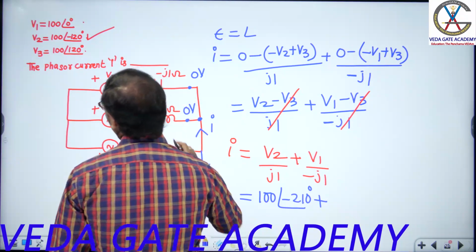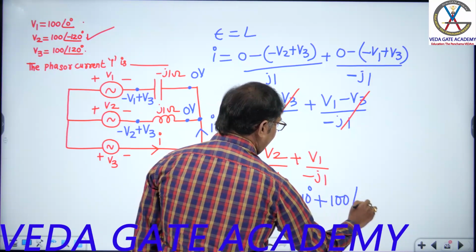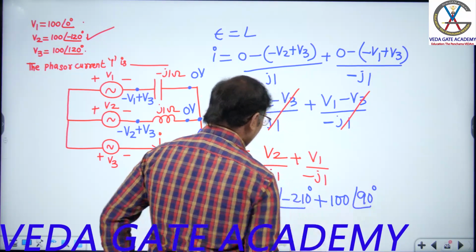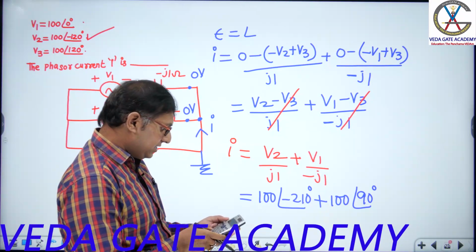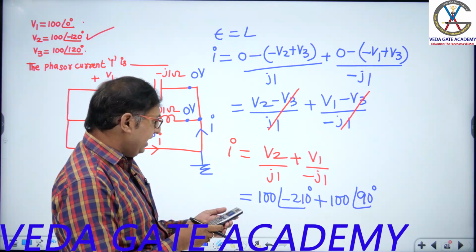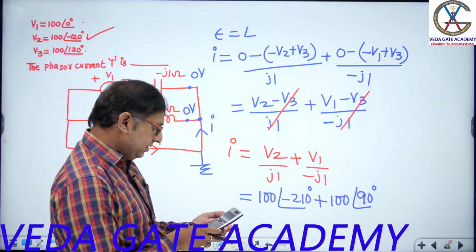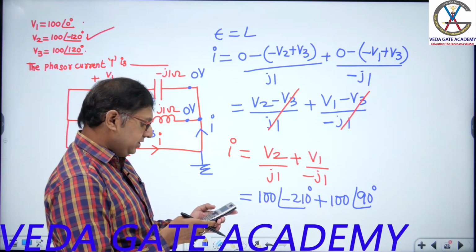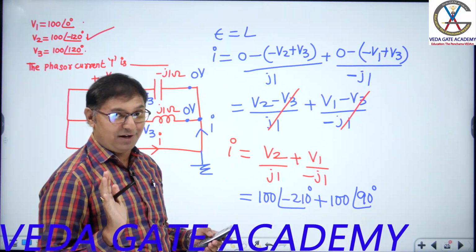Plus, what is V1 given? 100, and this minus 90 goes to the numerator as plus 90: 100 at an angle 90. Open the calculator: 100 at an angle 90 plus 100 at an angle minus 210, shift to polar, gives 173.20 at an angle 120 degrees.